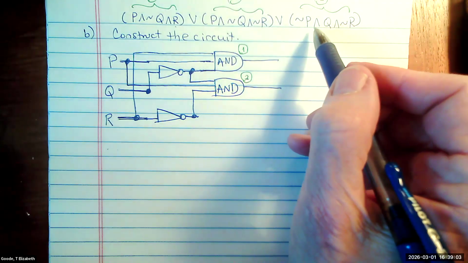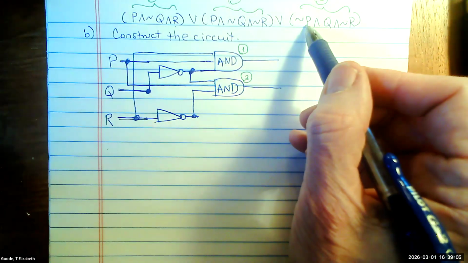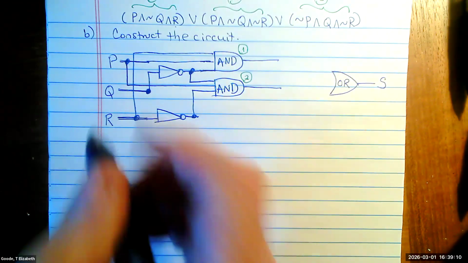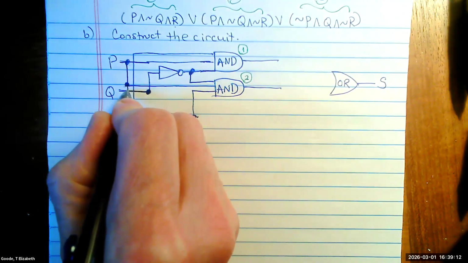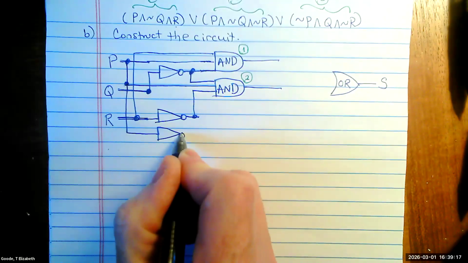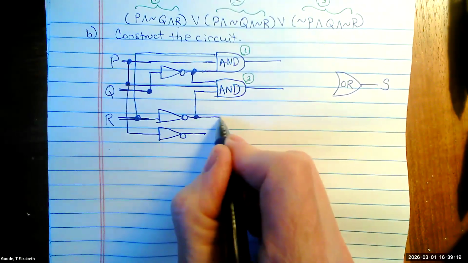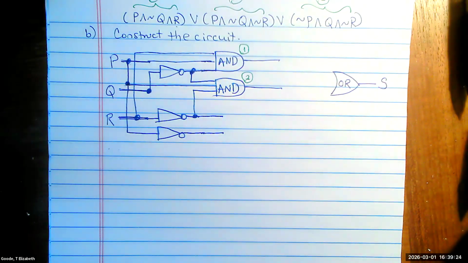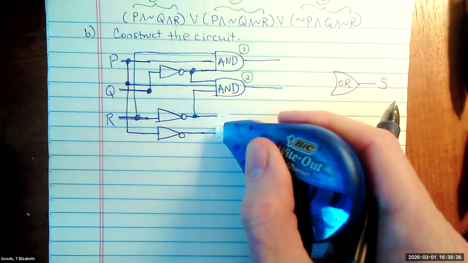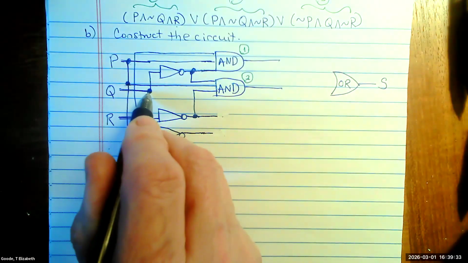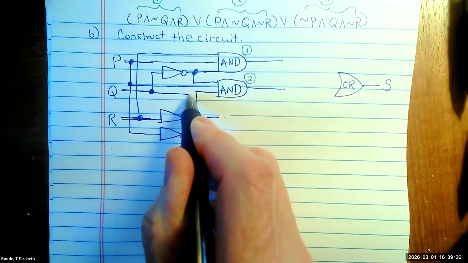And finally, we do need not P. We don't have a not P yet. We'll have to pull from the P wire and not it. So let's take from the P wire, come down here and run it through a NOT gate. So we've got not R, not P. What else do we need in this bottom AND gate, folks? Not Q. Well, let's see. Does it say not Q? I mean, regular Q. Just regular Q. So I'm just going to bring it down.